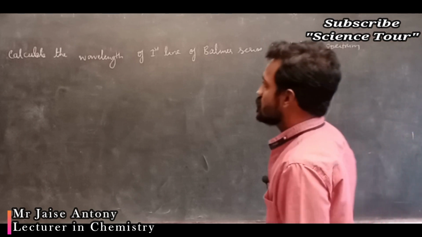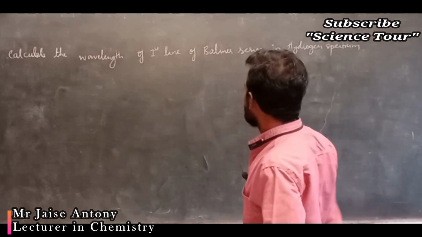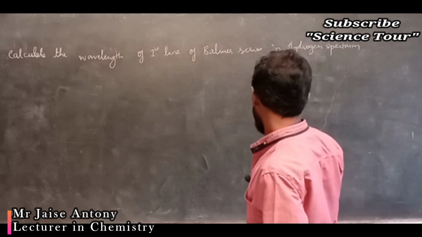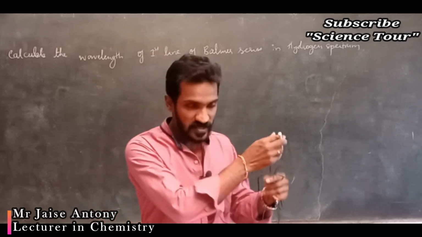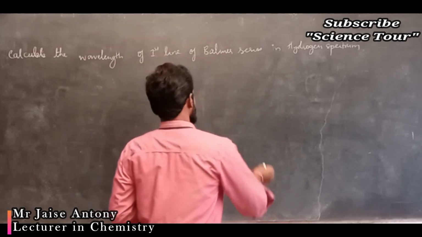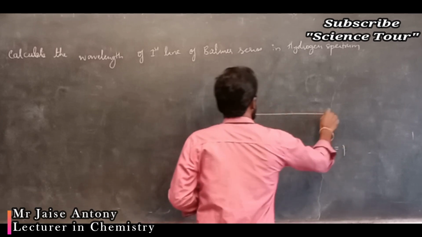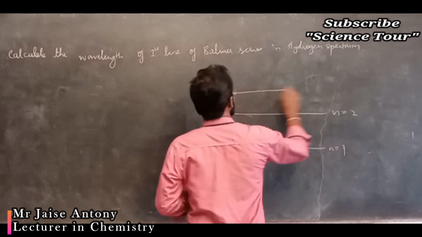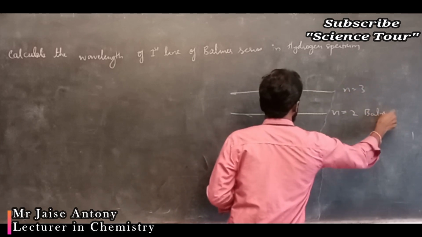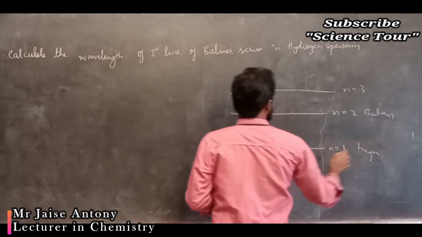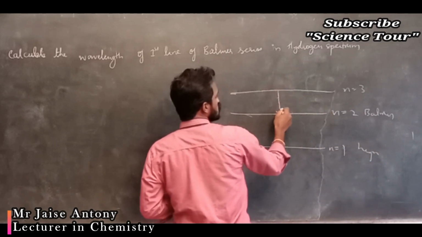My dear students, here one problem is given. Calculate the wavelength of the first line of the Balmer series in the hydrogen spectrum. Here Lyman is n equal to 1, Balmer is 2, then 3. In the Balmer series, the first line means transition from 3 to 2.